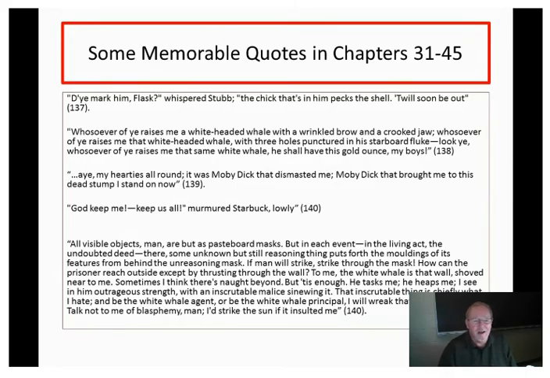Those are when a character is alone on stage, and the only one that hears the character speaking is the audience. No other characters on the stage or in the play or in the novel are supposed to hear it. That causes a problem, of course, if it's a real soliloquy and Ishmael's telling the story. He must have heard the soliloquy to be able to tell the story.